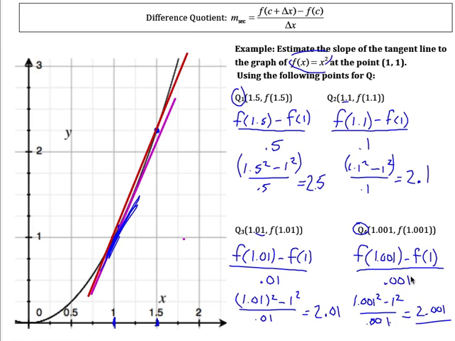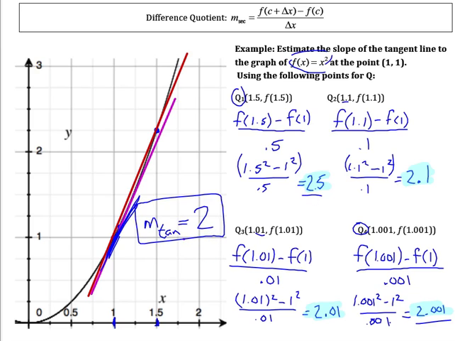If we let this dwindle down to 0, okay, where do you see the trend of numbers going towards? Well, hopefully you can see that it's going down, and it's leading us to the number 2. So the slope of our tangent line is going to equal 2.